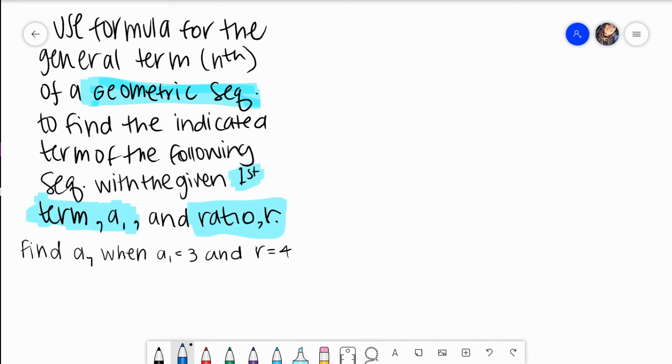The general formula is a sub n equals a sub 1, which is my first term, times my ratio raised to the n minus 1. That a sub 1 is my first term, and you notice right here it tells me it's 3.